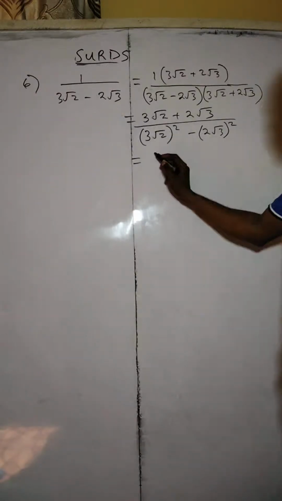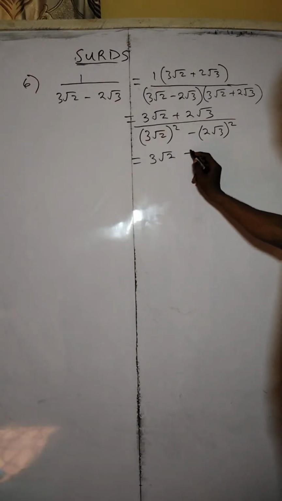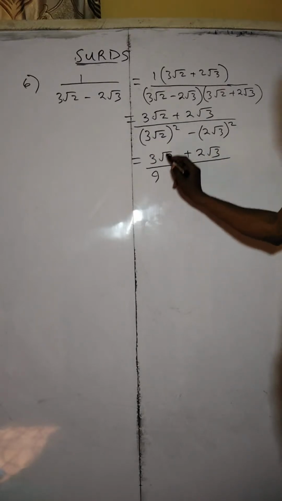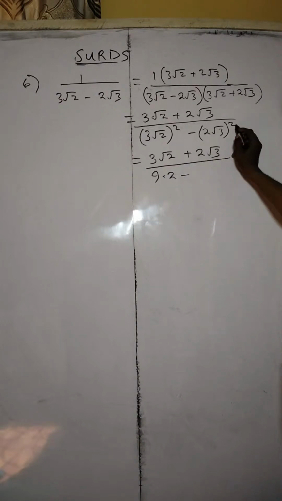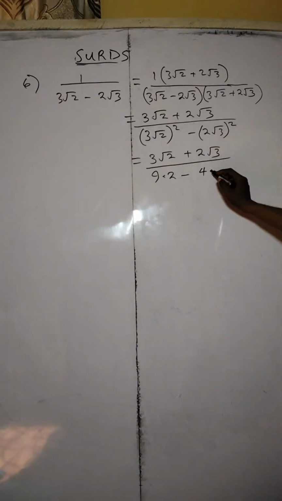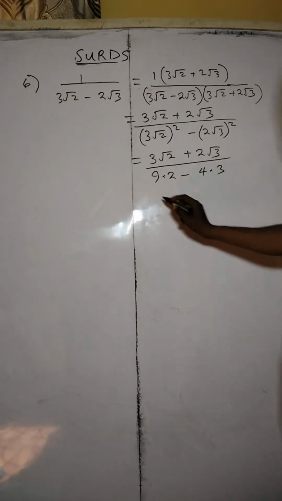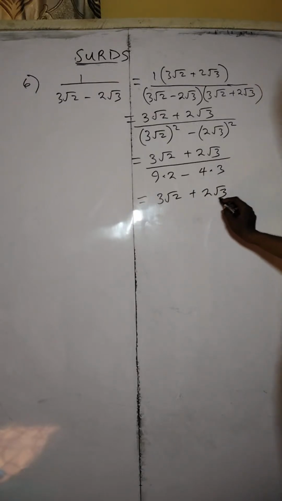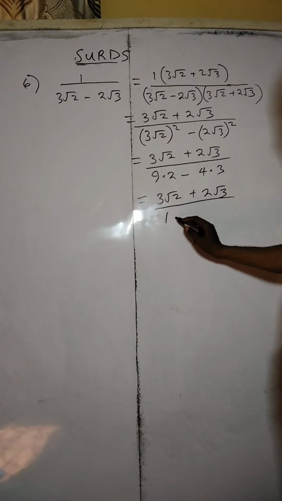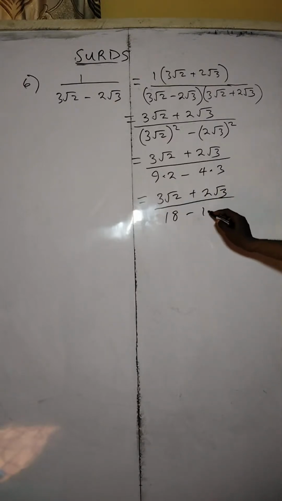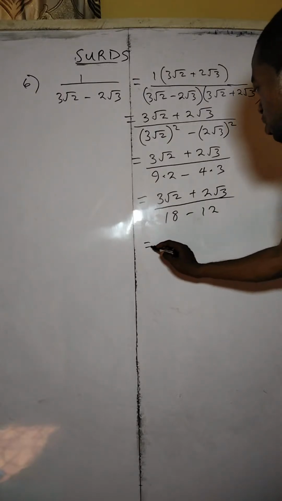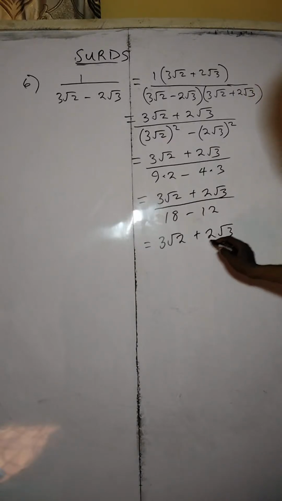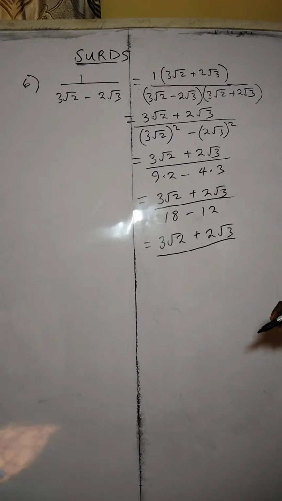And here we have the same 3 root 2 plus 2 root 3, now divided by: 3 squared is 9, root 2 squared is 2, then minus 2 squared is 4, times root 3 squared is 3. Then this becomes 3 root 2 plus 2 root 3 divided by 9 times 2, which gives us 18, minus 4 times 3, that's 12.